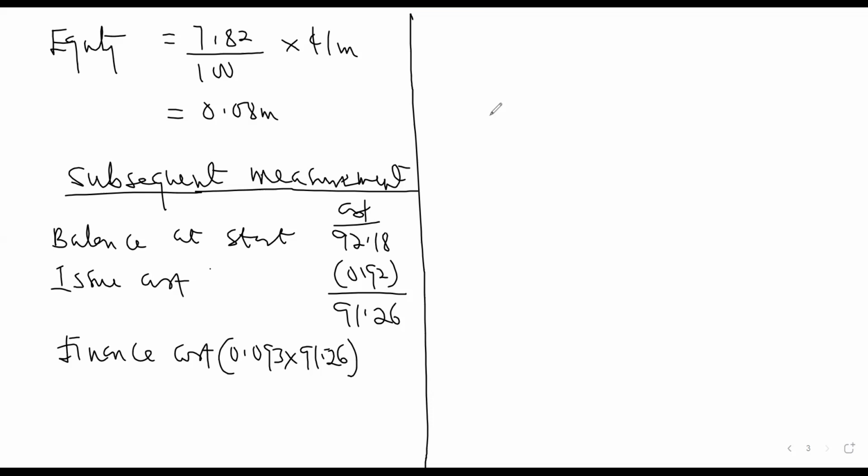So don't go and subtract. Treat the issuing cost as a separate item. Capitalize it and amortize it over the 3 years or over the life of the instrument.